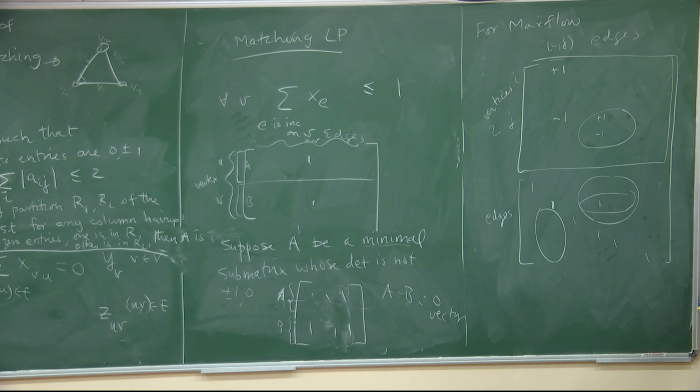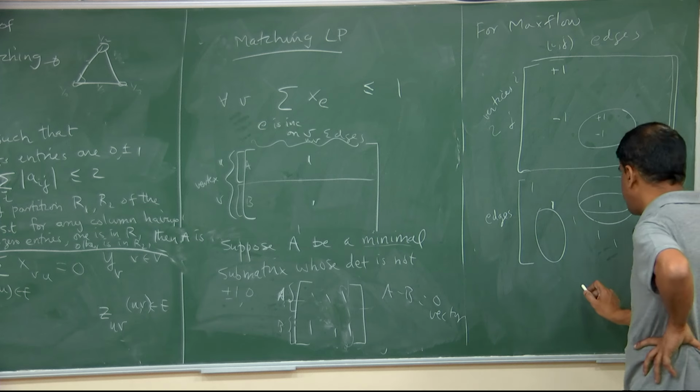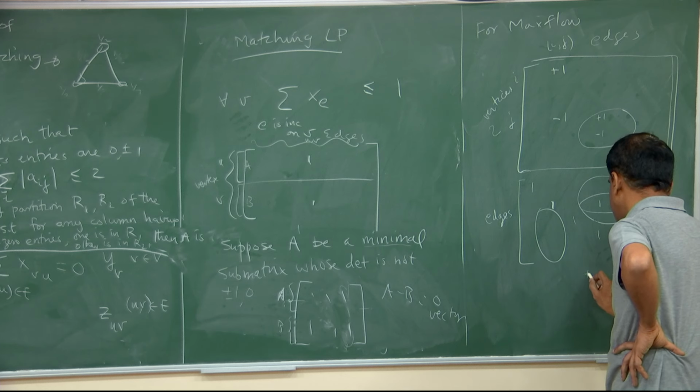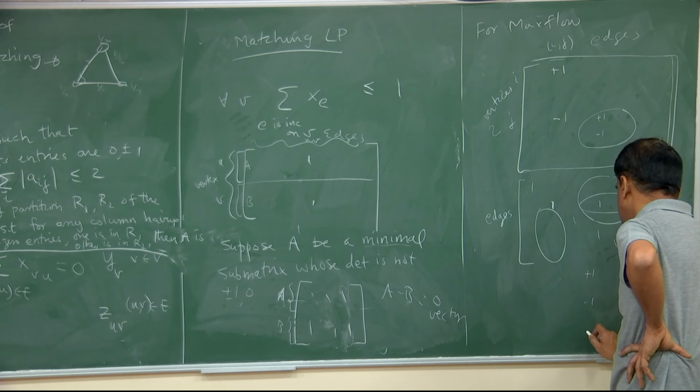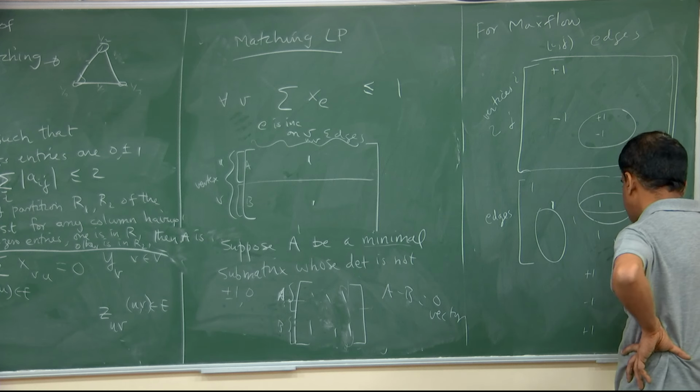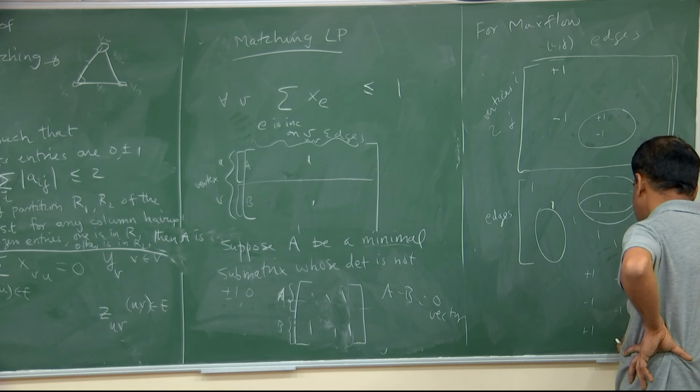So multiply this with that submatrix. No, but it might have multiple rows. So my submatrix may have a +1, a -1, and a corresponding 1 from here. And maybe there is another +1, there is a -1, and there is a +1 here.